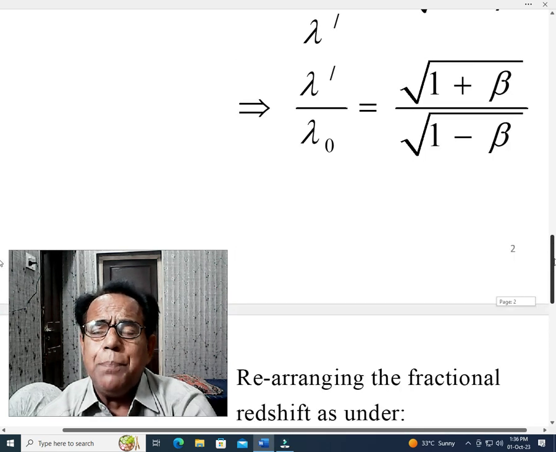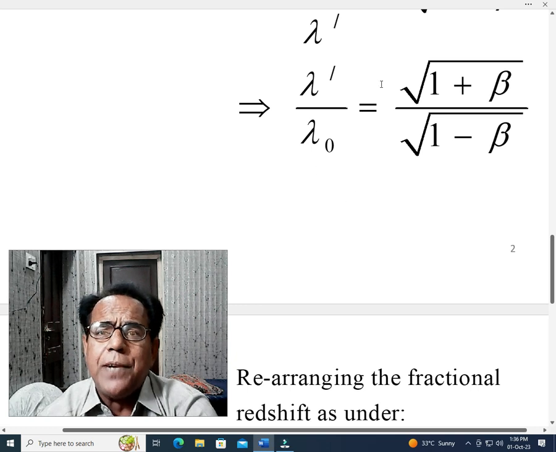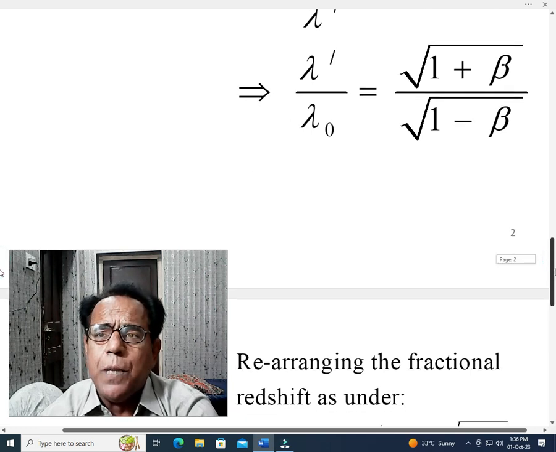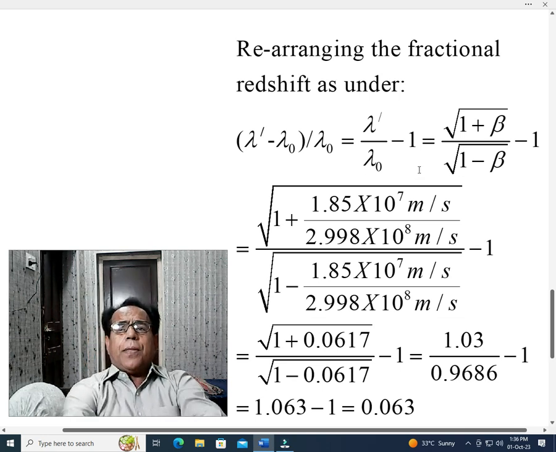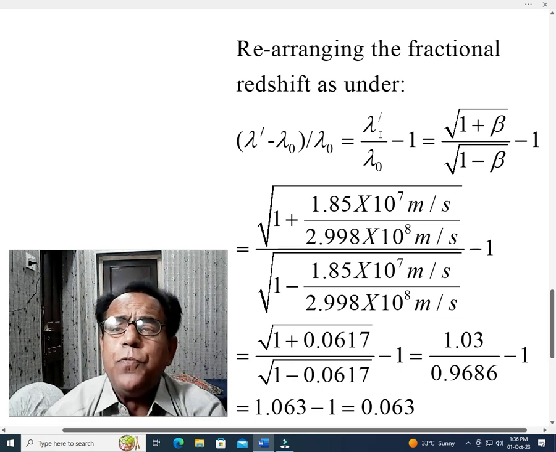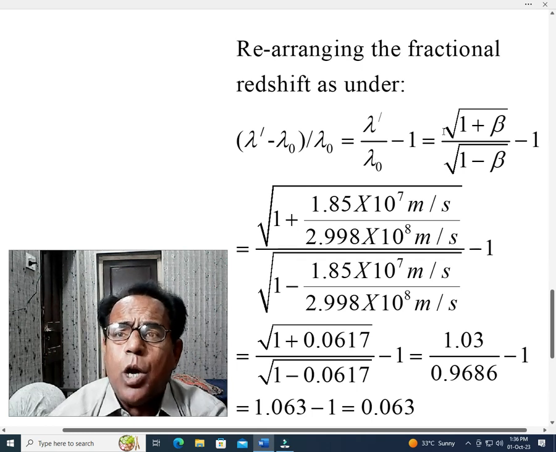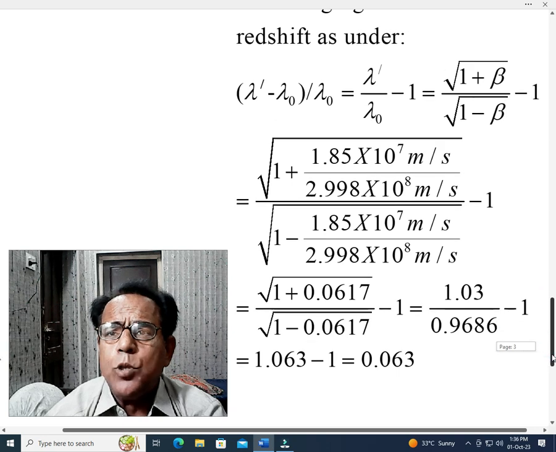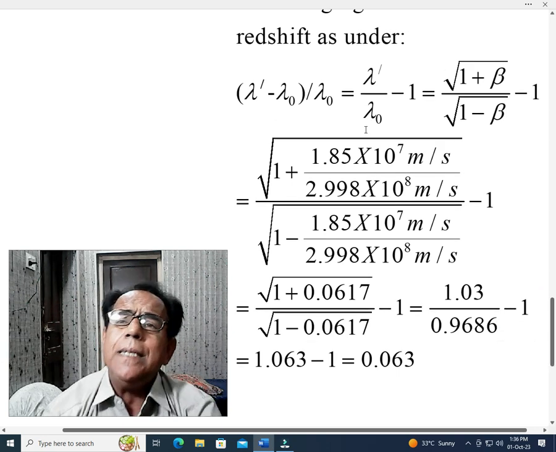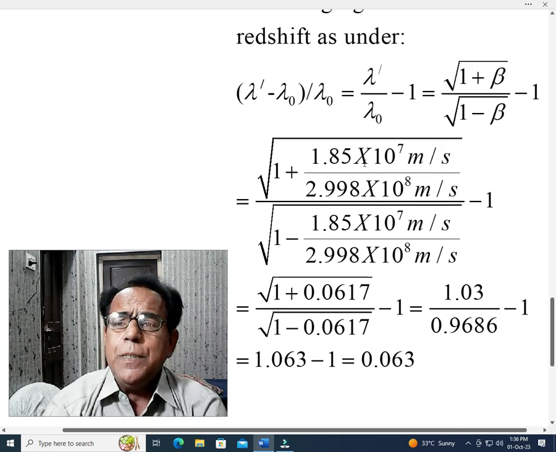In the above portion we have calculated λ'/λ₀, and its value is this. Now we are putting this value here, so in place of λ'/λ₀ we have used this value. After putting this value, the remaining part is quite simple simplification.